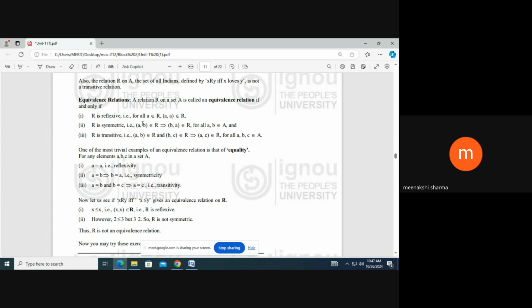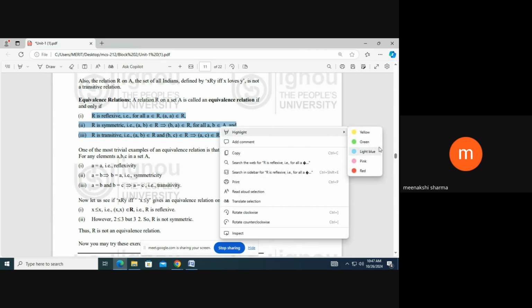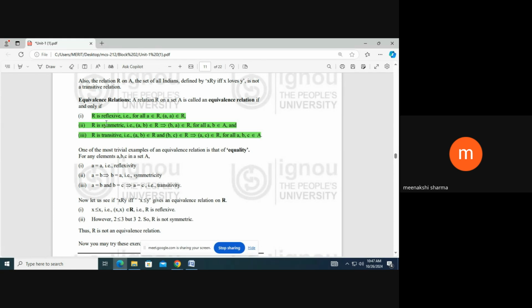Equivalence relation means equivalent proof. Equivalent proof is called an equivalence relation. R is reflexive for all a belonging to A. It's also called an equivalence relation.